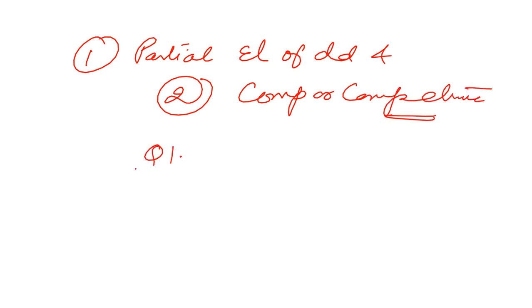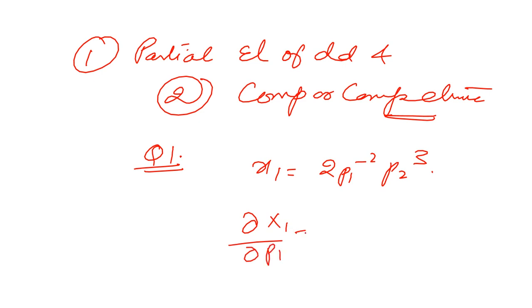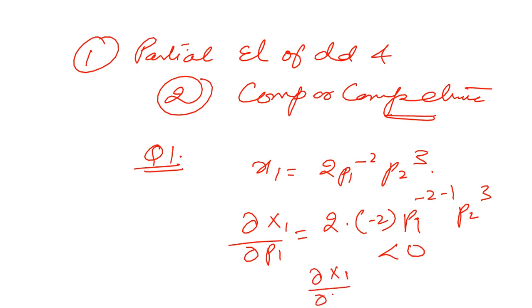So I'll do question number 1. Your x1 is equal to 2p1 minus 2p2q. What is my del x1 by del p1? This is obviously negative because of the law of demand. Then p2, 3 minus 1.